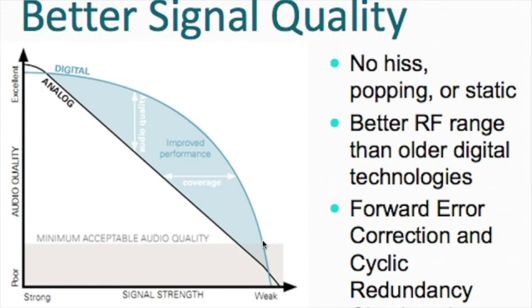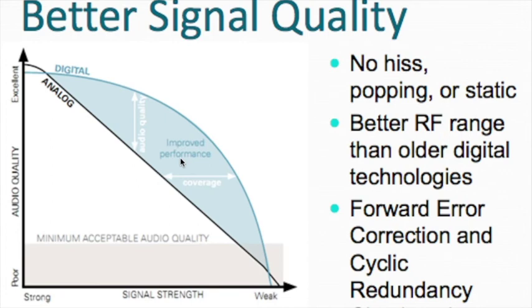You're not going to hear the popping, the hissing, the cracks, and stuff like that. And so, what DMR is going to give us is more usable coverage of our repeater system, because we're going to get improved audio quality and better coverage and use.